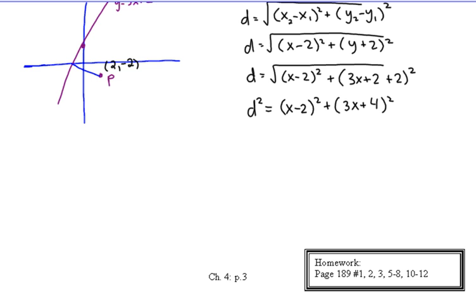Differentiating this, d squared would become 2d, and then what are we deriving with respect to? Which variable? X. So we would multiply by dd/dx.